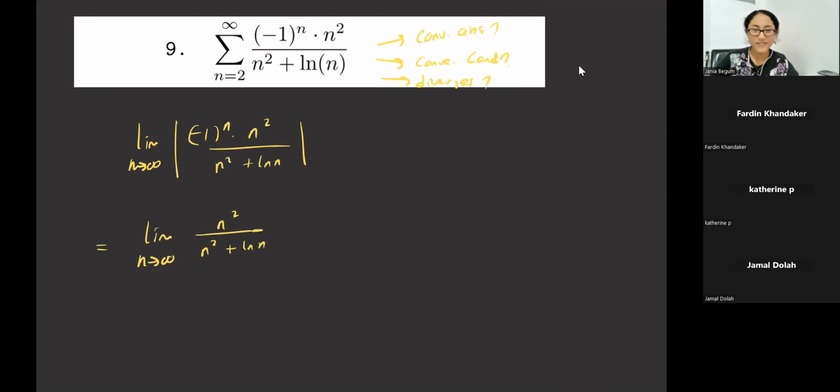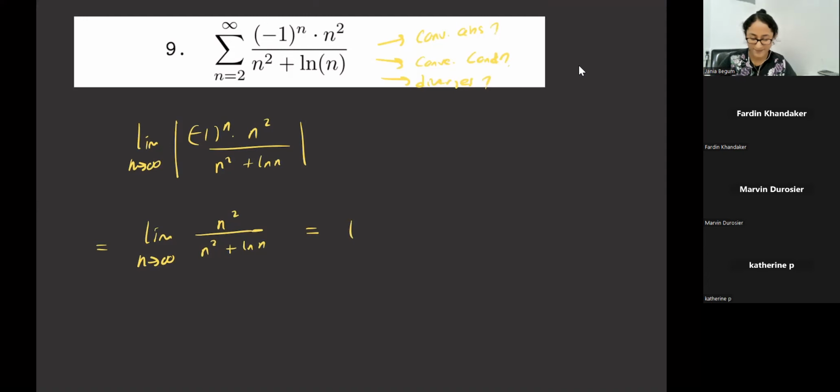Now use everything you have to see if this will converge or diverge. What would happen if you take the limit? Is it 1? The limit is 1, right? So what can you say?